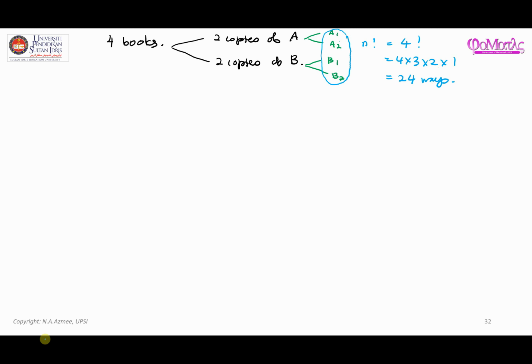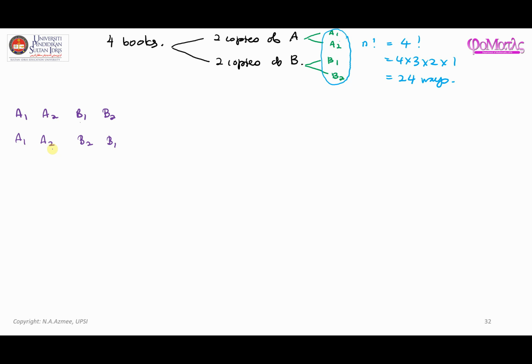Let us try and do this together. Let's say we have A1, A2, B1, B2, and then I'm going to switch this position, so we maintain A1 and A2, and B2 and B1 are over here.